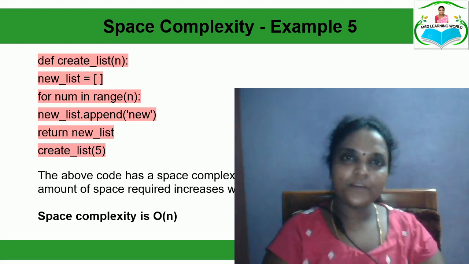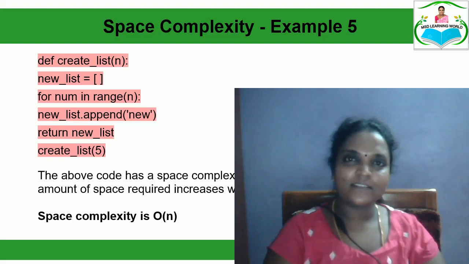Here in this example, a list is generated which is going to have a sequence of values, and the number of values in the list variable new_list is determined based on the input value n. Based on the number of values at runtime, the values are appended based on n.